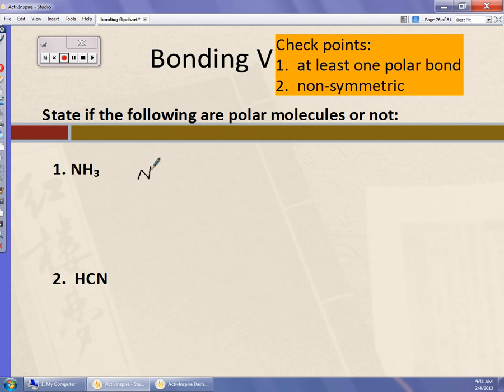NH3. Drawing out your Lewis dot diagram, you get the following. So, does it have at least one polar bond?